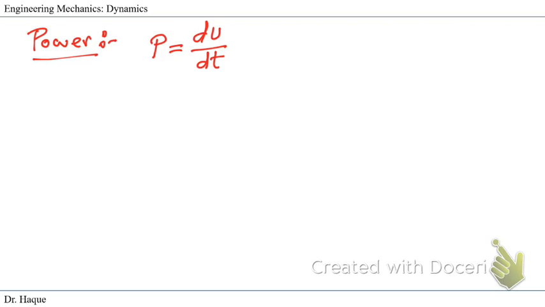U is the work, dU is a small amount of work, and dt is a small amount of time. So what this dU over dt tells you is that the small amount of work dU is done within the small amount of time dt.